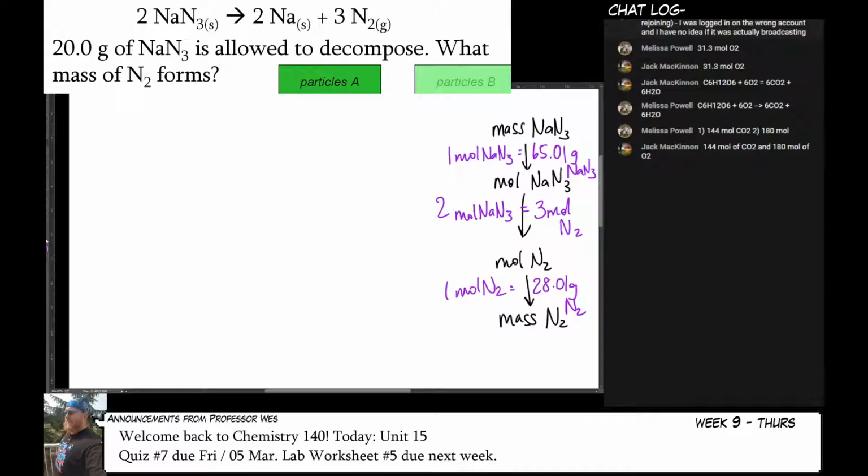All right, so let's take our 20 grams of sodium azide, and we'll do the dimensional analysis here. So we'll turn grams of sodium azide into moles, so that those cancel out. Then we're going to turn moles of sodium azide into moles of N2.